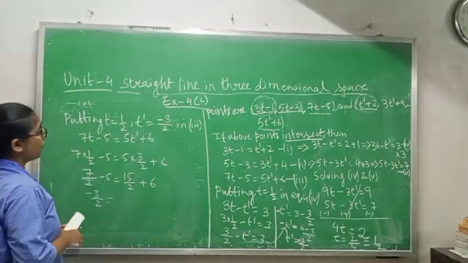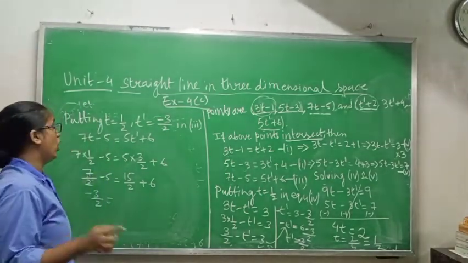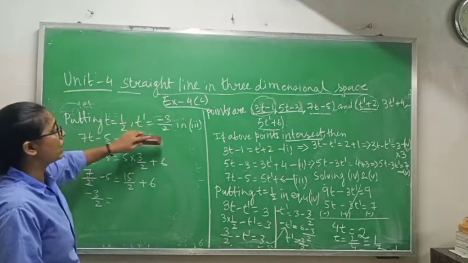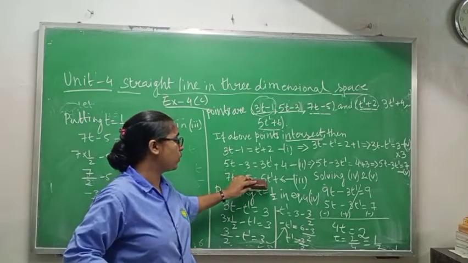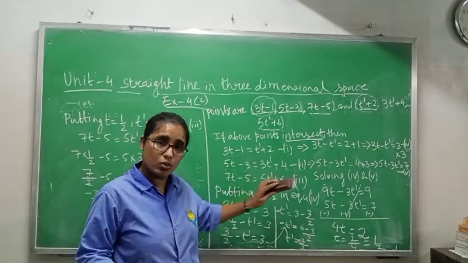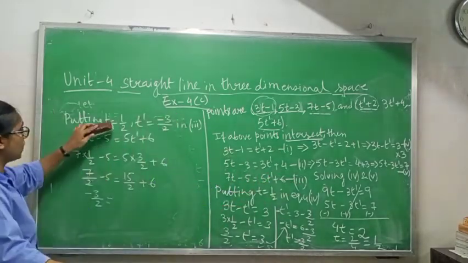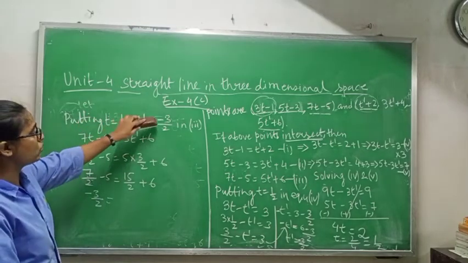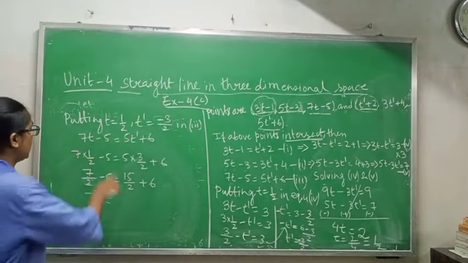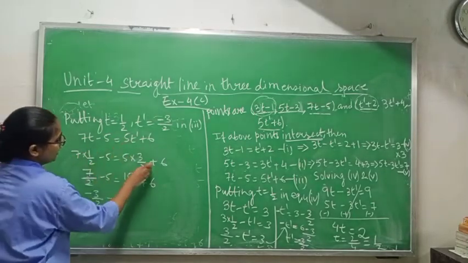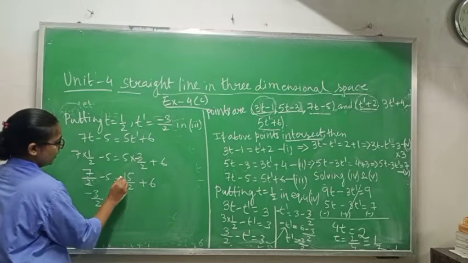Now after getting the t and t' values, you have to put them in equation 3. So equation 3 is 7t minus 5 equals 5t' plus 6. So I am writing, putting t equals 1 by 2 and t' equals minus 3 by 2 in equation 3. Here I am putting the t value as half and the t' value as minus 3 by 2.